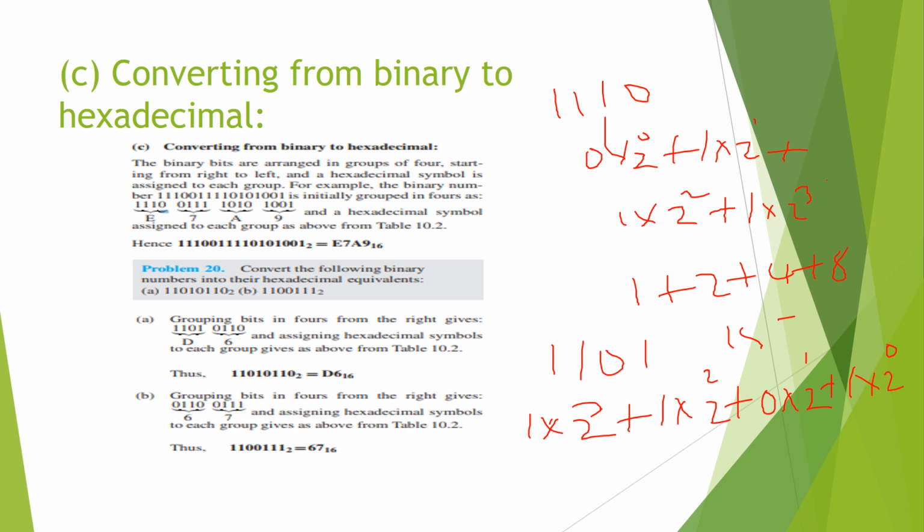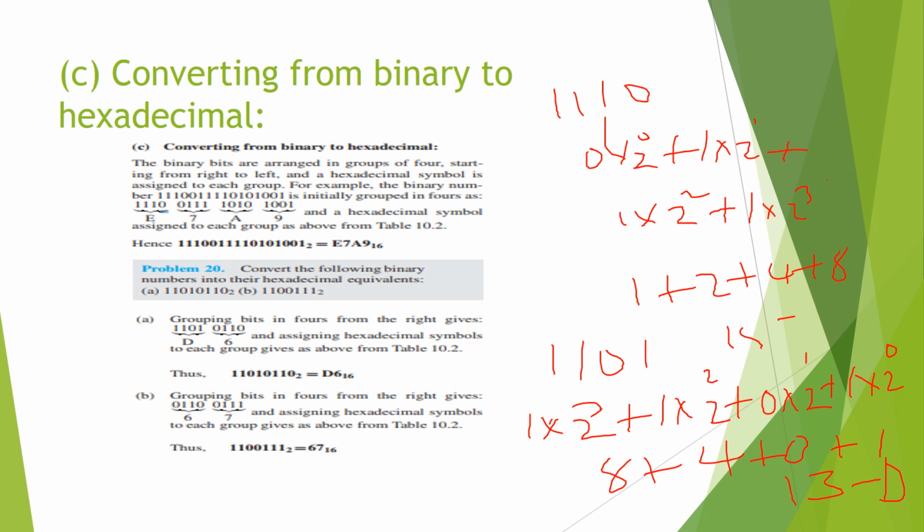Any number raised to power 0 is 1, then plus 0, then plus 4, then plus 8. If you add these, you get 13, and 13 is the same as D in hexadecimal. Good, so that's why we have the D there. If you convert the other one, you get a 6.